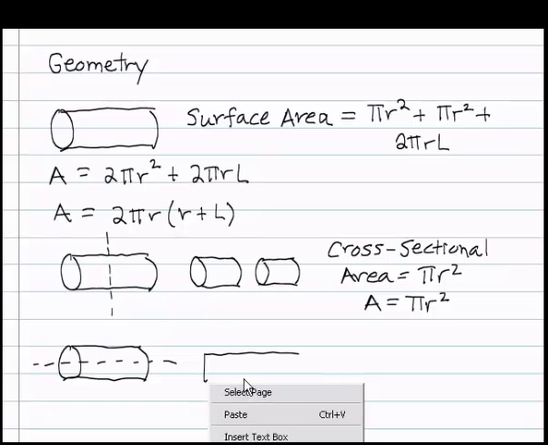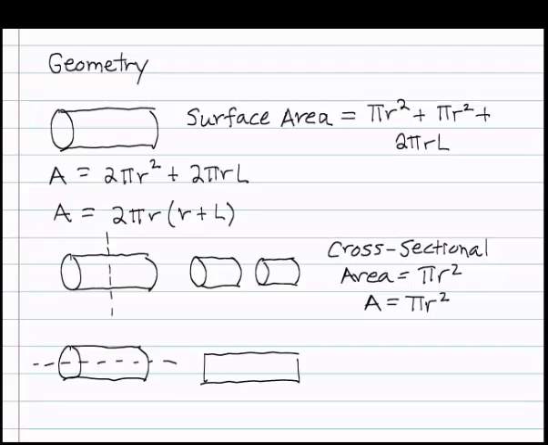Whoops, let me try that again. That's better. So the cross-sectional area depends on how you slice it, which way you cut the object. In this case, we get a rectangle, and 2 sides of this rectangle are the length of the cylinder, and the other sides are the diameter of the circle, which is the same as twice the radius. I'll just write D for diameter.